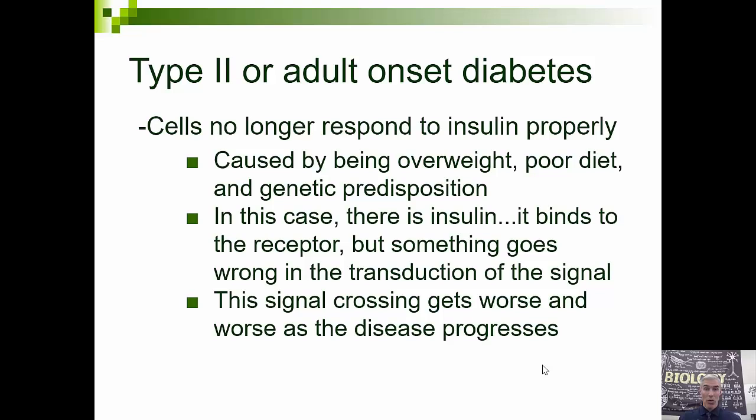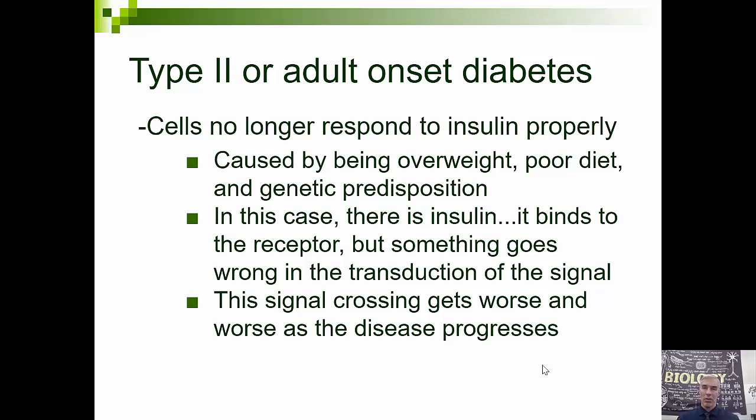So your body produces more insulin, right? Just to get the same effect. Usually you will be able to maintain blood sugar levels a little bit like this initially, but eventually you cannot. And it can get so bad that your glucose levels are high, and those high glucose levels can actually mess with your pancreas as well, and you actually become insulin dependent because you don't produce enough insulin after a while on type 2.